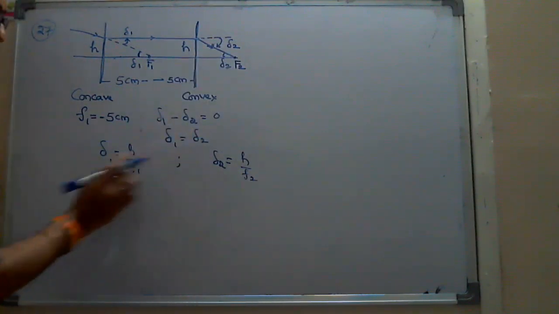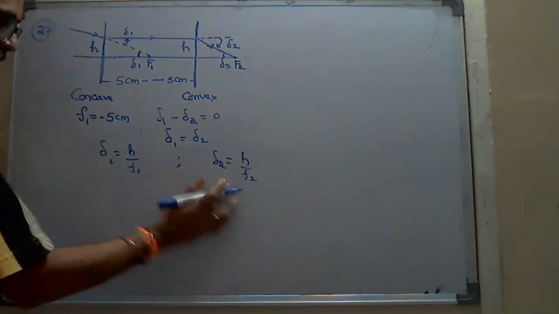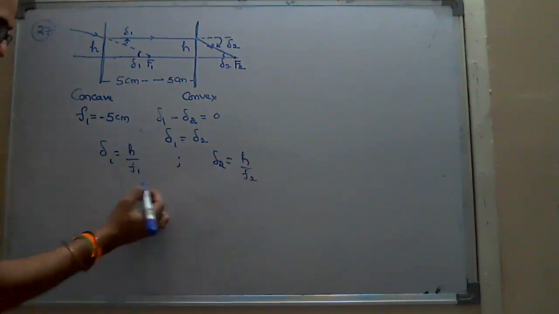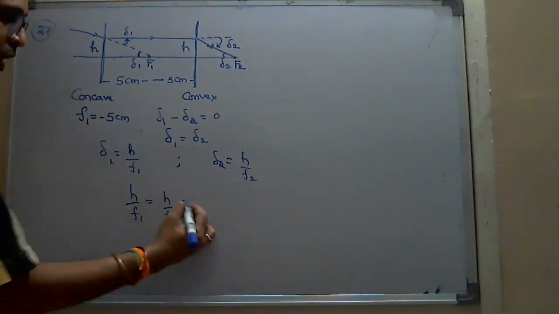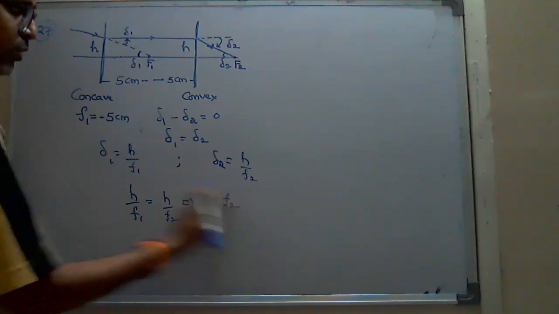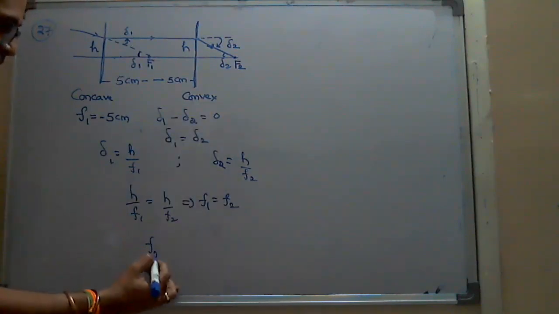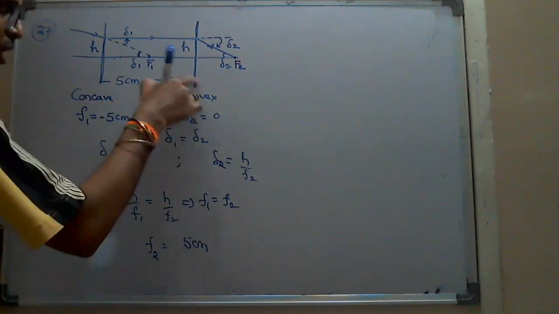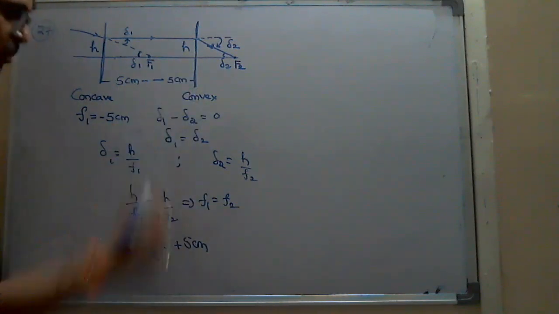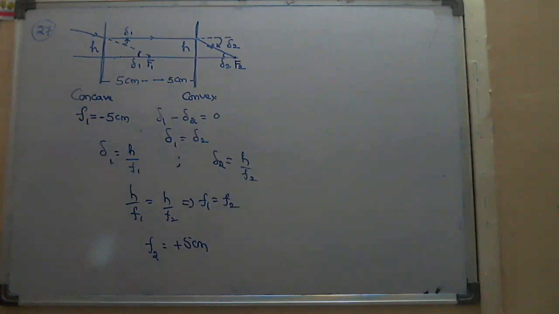I got delta 1 equal to delta 2, so these two are equal. If you equate these two, h by f1 equals h by f2. You are getting f1 equals f2. So the focal length is again the same 5 centimeters, but it is convex, so it is plus 5 centimeters. So the answer will be minus 5 and plus 5.